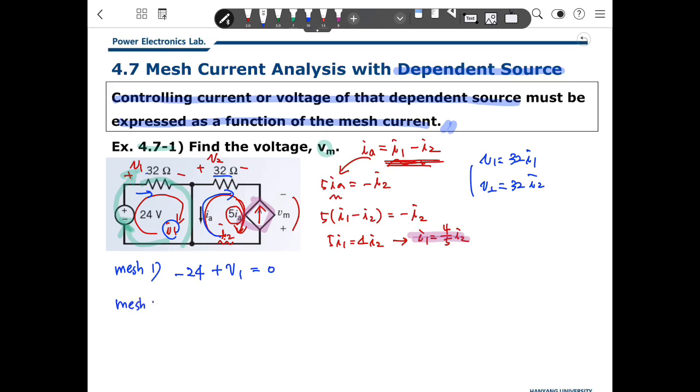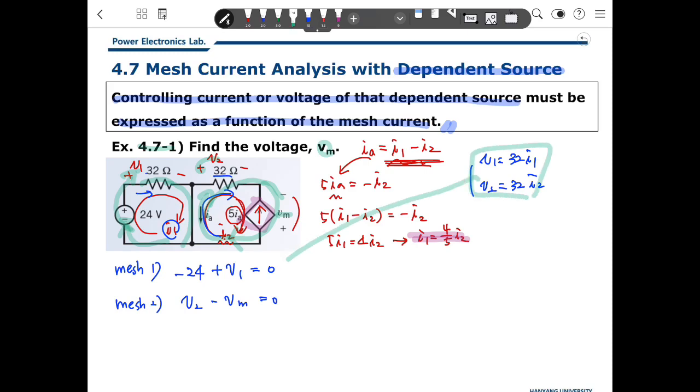And the second mesh equation: I will start here. I meet first V2, so V2, and I meet minus Vm, so there will be minus Vm, and I meet the starting point, so there will be 0.